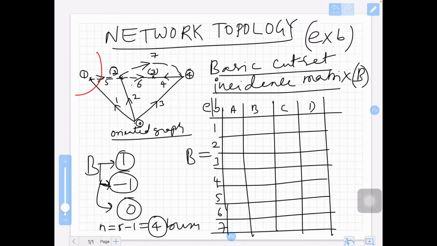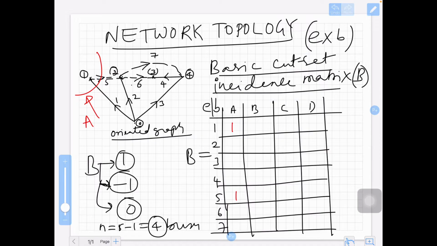For this basic cut set, we have considered only one element as link. So 1 and 5, these will form the A basic cut set. So here A basic cut set includes only two elements, 1 and fifth element. First element and fifth element are involved in the formation of A basic cut set.